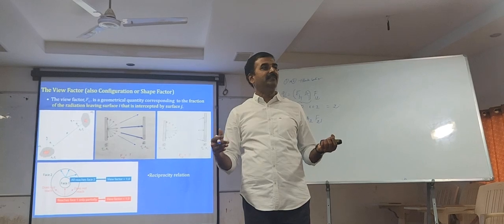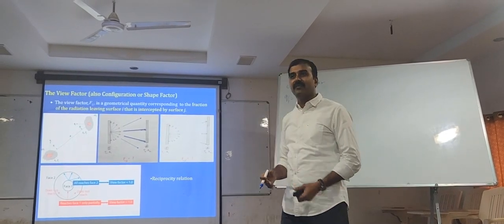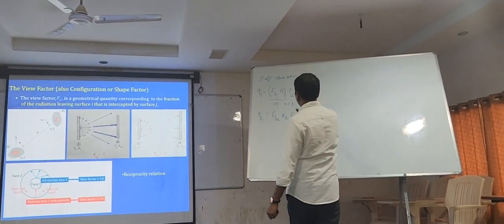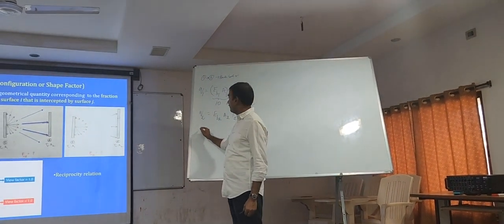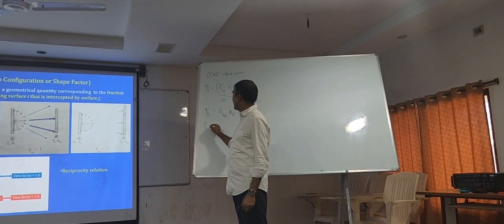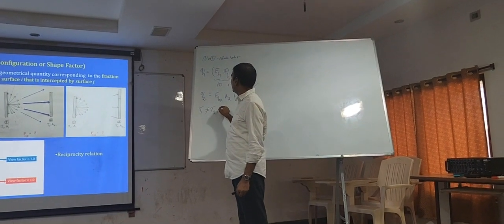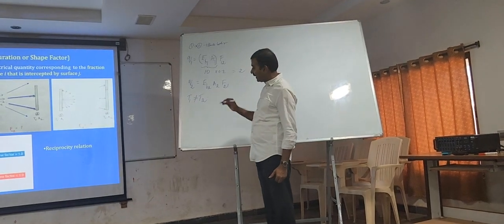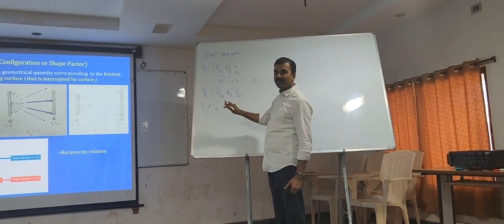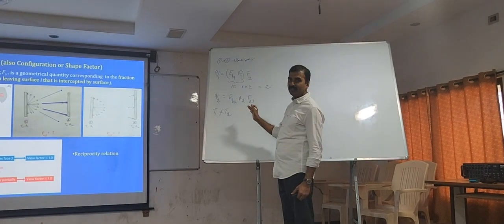At that point, will there be any exchange of energy between them? No. As long as the temperature is different, like T1 is not equal to T2, this process of energy exchange between the two continues. But once temperatures become equal, then there is no energy transfer.